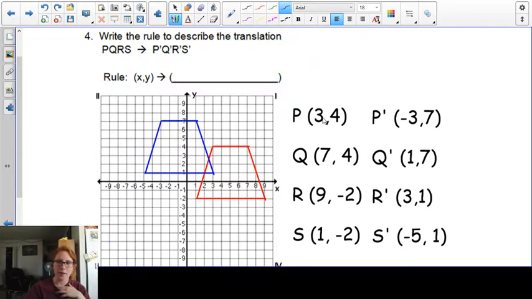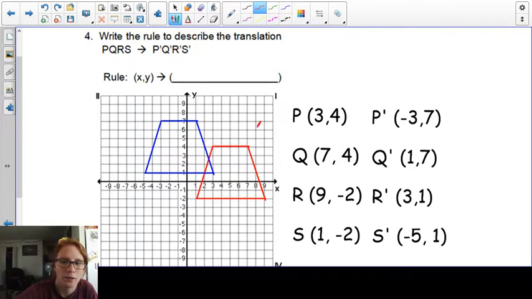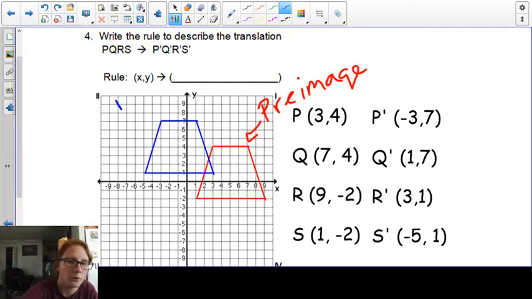So if my P is originally at 3 and goes down to -3, it means that the red one has to be my original. So the red one is going to be my pre-image. And my blue one is my image.